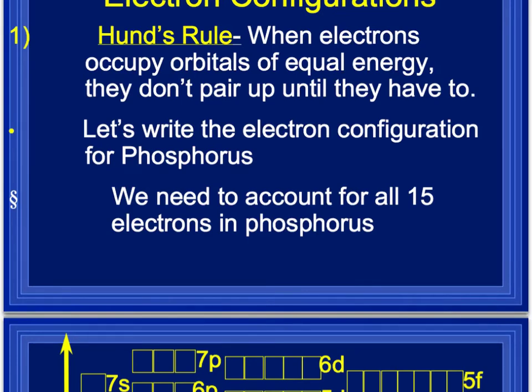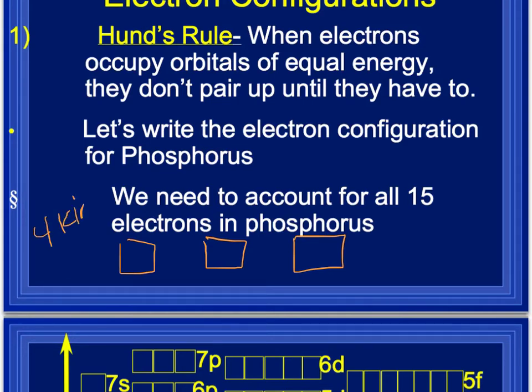So the last rule that we're going to need in order to write electron configurations is Hund's Rule. And so Hund's Rule says that when electrons occupy orbitals of equal energy, they don't pair up until they have to. So the idea here is if we had, let's say 3 bedrooms in a house, and I'm just going to draw 3 boxes to represent the 3 bedrooms, but let's say we had 4 kids.